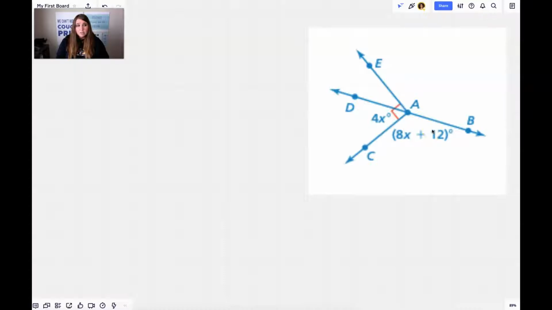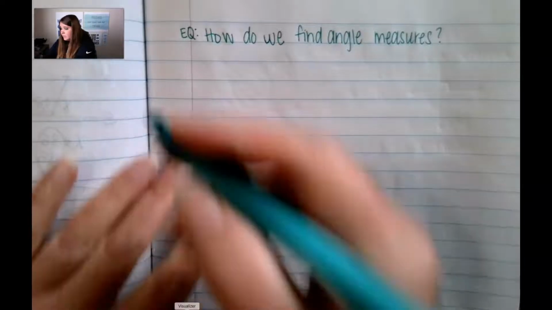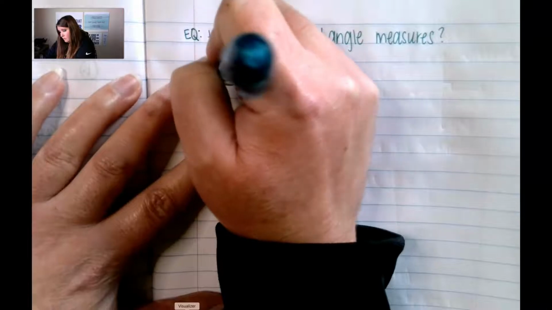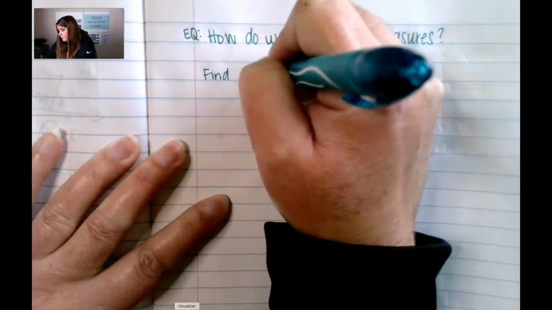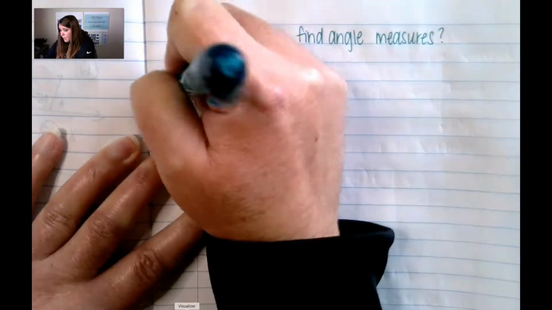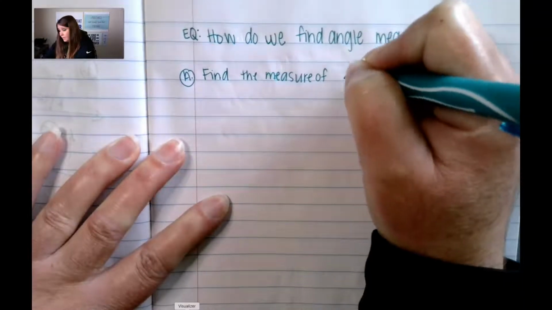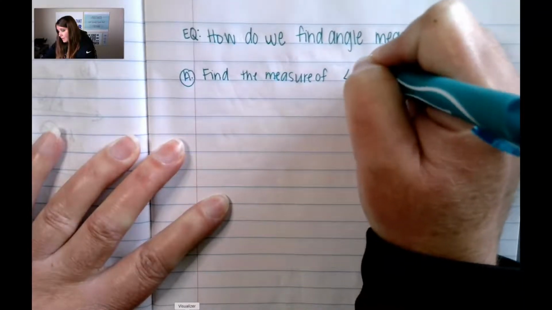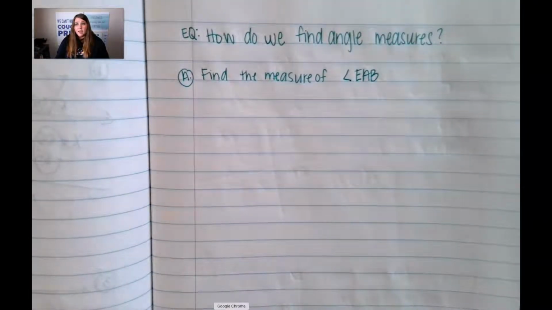And so our first example wants us to find the measure of, so example A says to find the measure of angle EAB. So our job is to look at this figure and look for angle EAB.